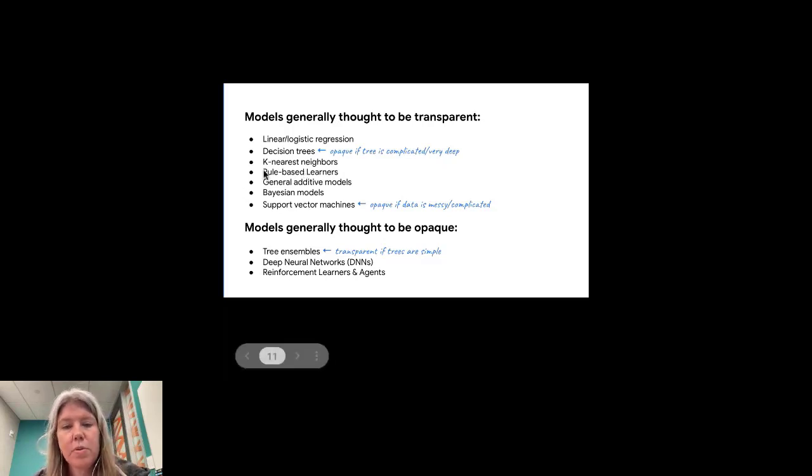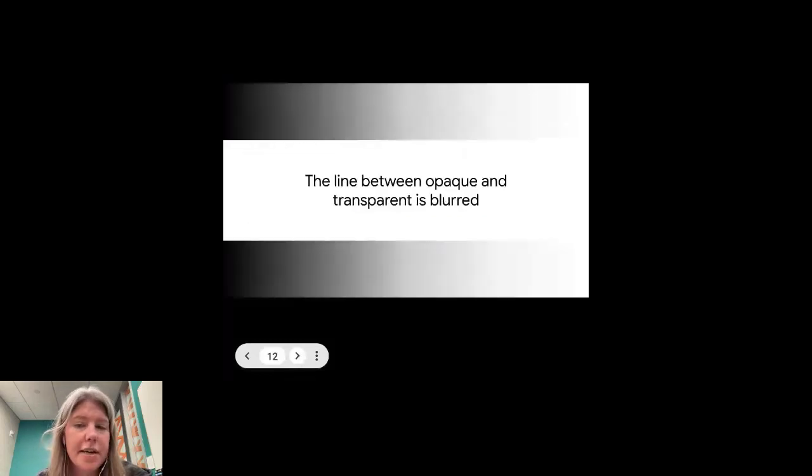For example, a decision tree is largely considered to be transparent, but if the decision tree is very deep or very complicated, it can start to become more and more opaque. On the flip side, you can have tree ensembles that are generally thought to be opaque, but if they're relatively simple, then maybe they're actually transparent. All of that is to say that the line between what counts as opaque and what counts as transparent is a little bit blurry.